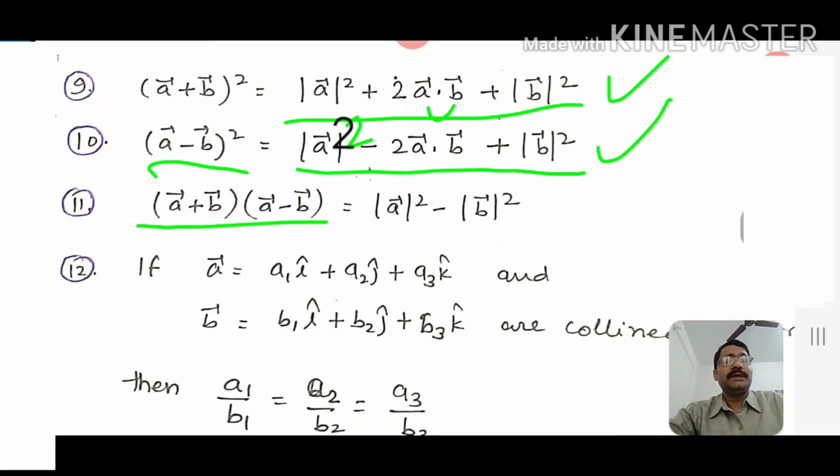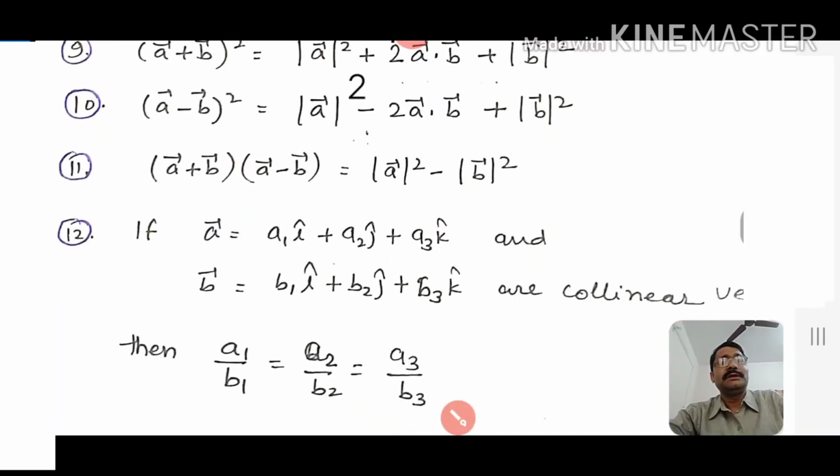A plus B vector dot A minus B vector, what we have, that will be modulus A vector square minus modulus B vector square. So this type you will use this formula.